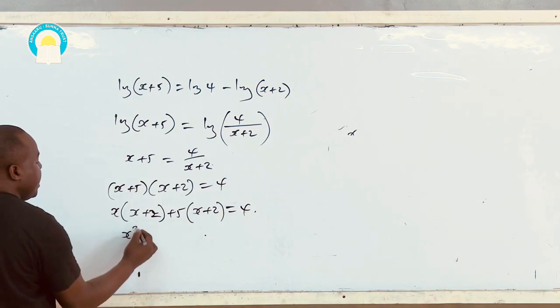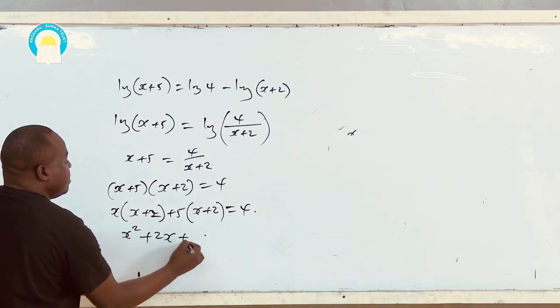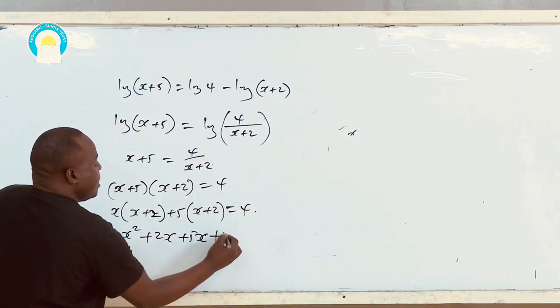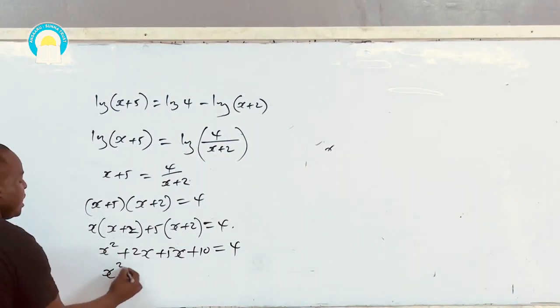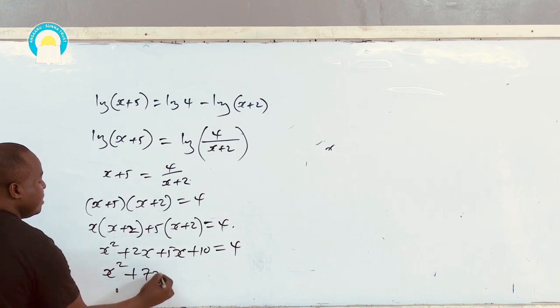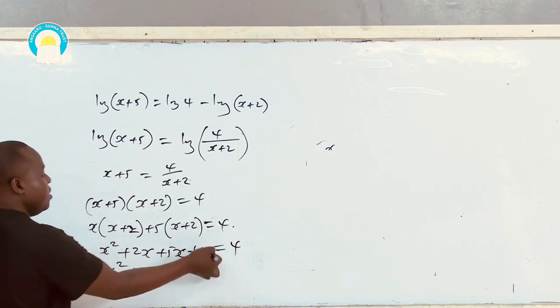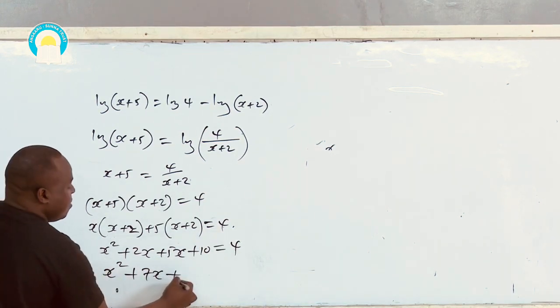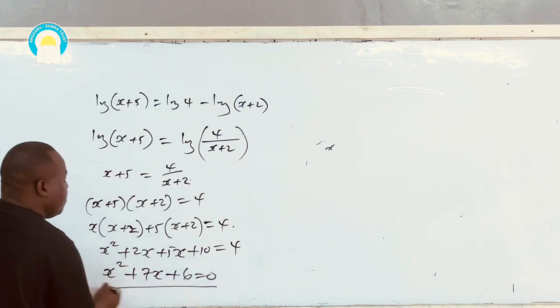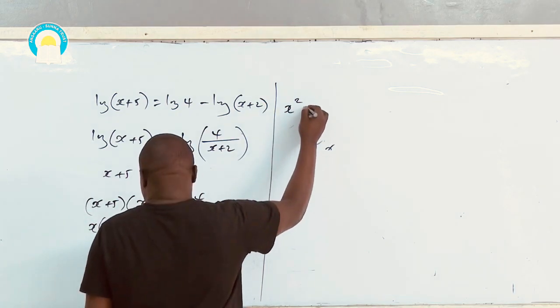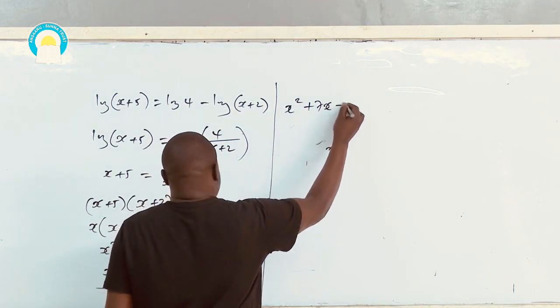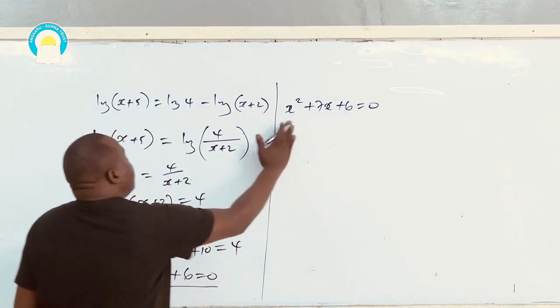So this should be x squared + 2x + 5x + 10 equals 4. Collecting like terms, it will be x squared + 7x, and on this side plus 6 equals 0. Okay, so I have x squared + 7x + 6 equals 0.